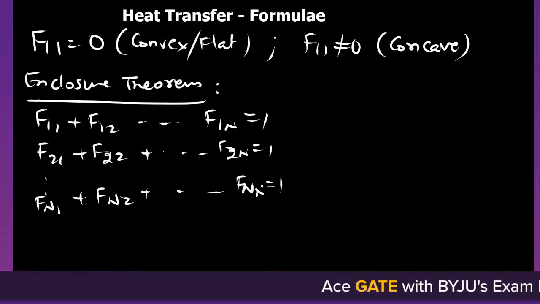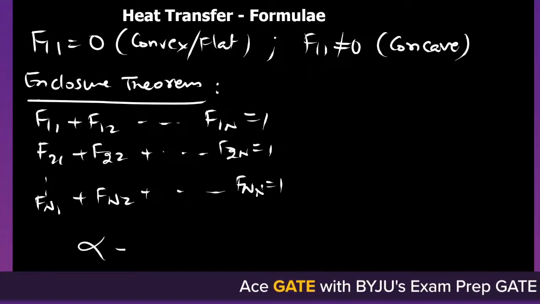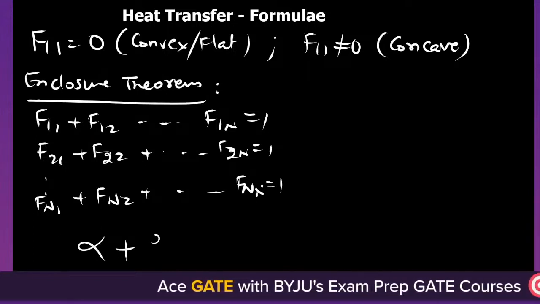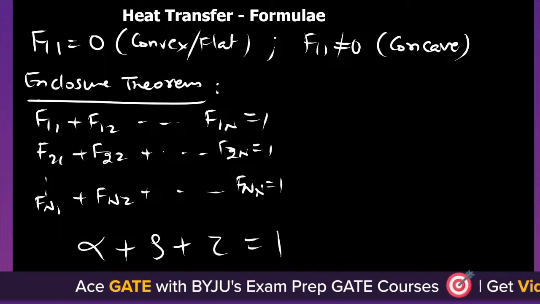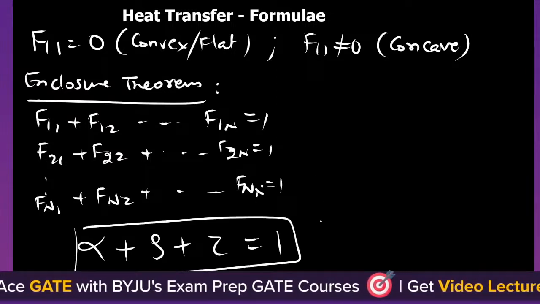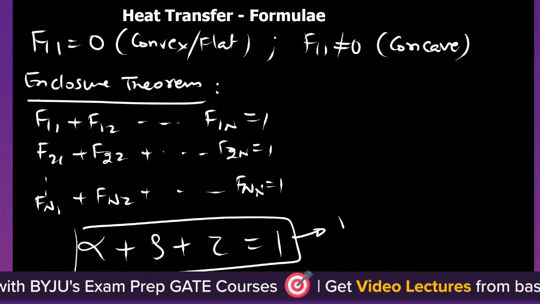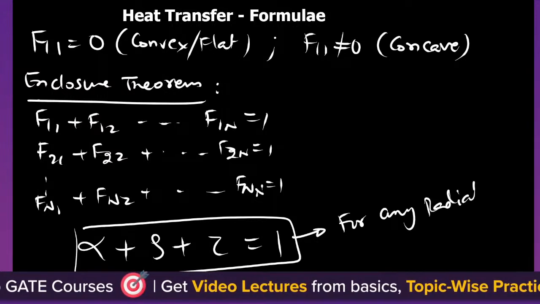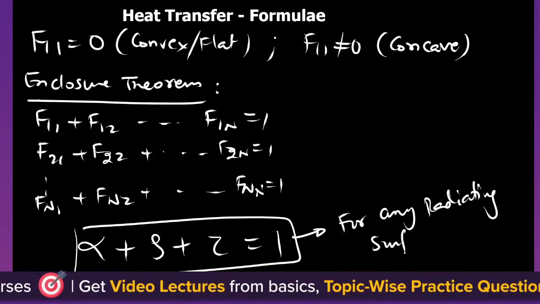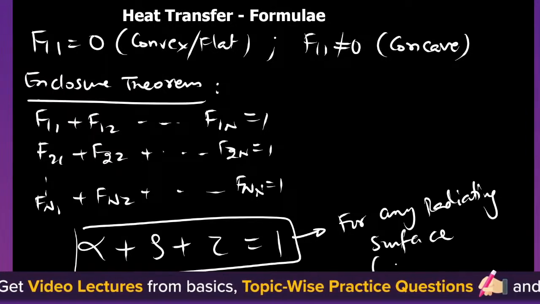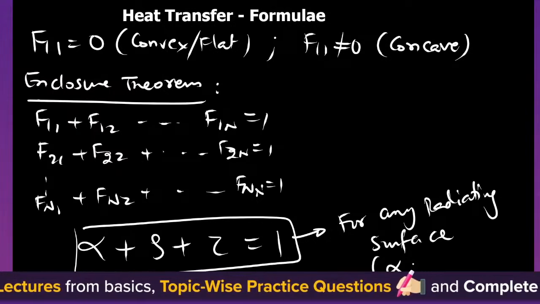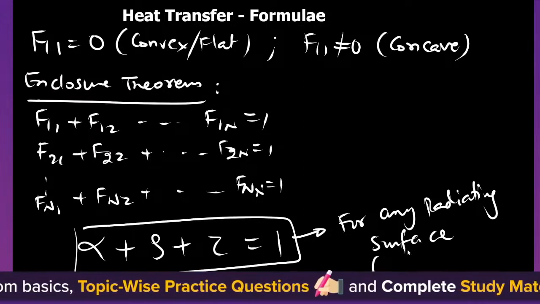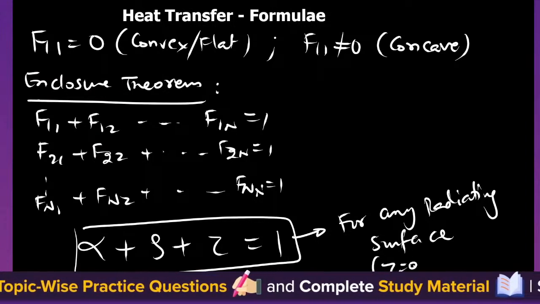And another expression, alpha plus rho plus tau is equal to 1 for any radiating surface. For thermal radiation, tau is taken as 0.